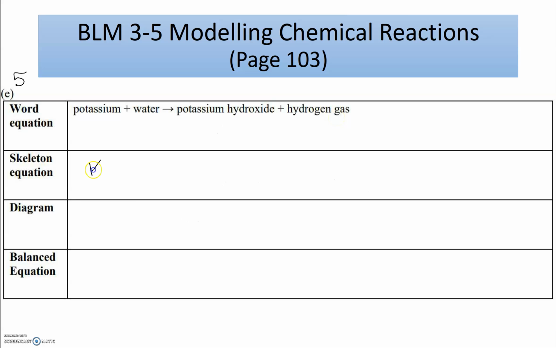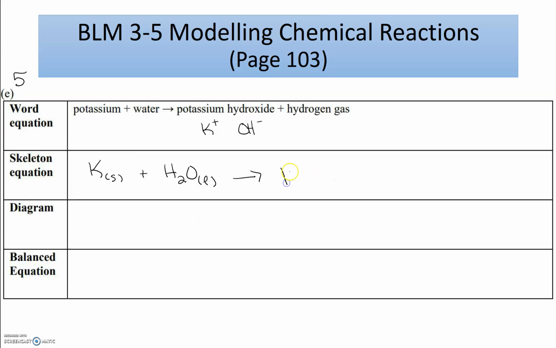So I've got potassium, the metal, plus my water, going to make potassium hydroxide. My potassium makes a positive 1 cation, and my hydroxide ion is OH negative.